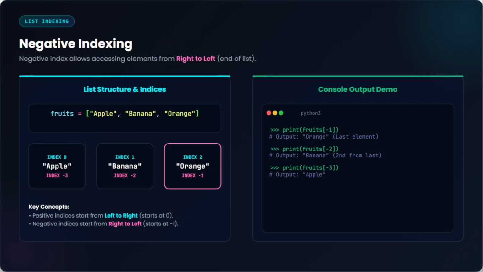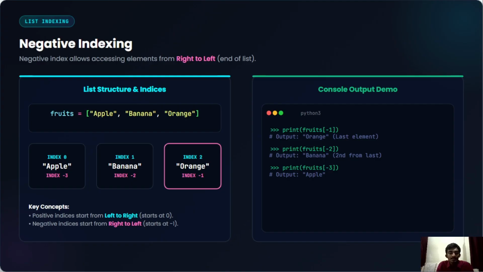Now let's move to negative indexing. So far we have counted from the beginning, but what if we want the last element? Python gives us an easier solution. It allows us to access elements from the last.